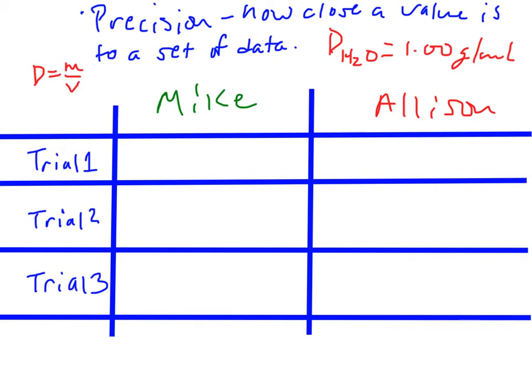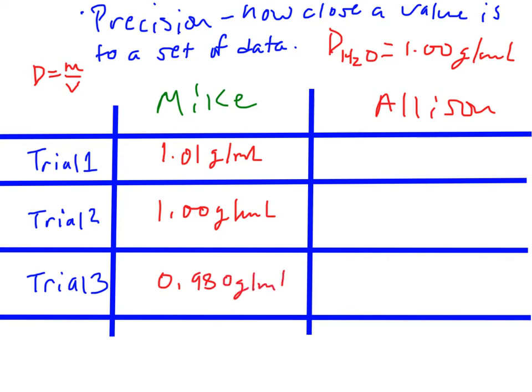Let's say that Mike does this, and his first trial gives him a density of water of 1.01 grams per milliliter. Then he does the trial again with a new mass and a new volume of water, and he gets 1.00 grams per milliliter. Then he does it again, and he gets 0.980 grams per milliliter.